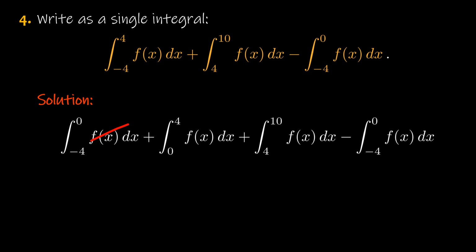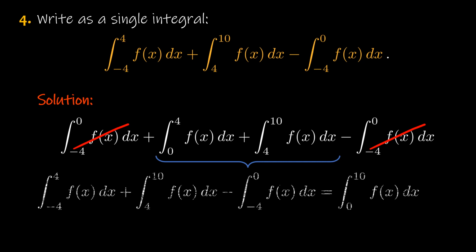Then, cancel the first and last terms because they have opposite signs and have the same limits of integration. Finally, apply the additive interval property to the second and third terms. Thus, the definite integrals are equivalent to the integral of f of x dx, from 0 to 10.